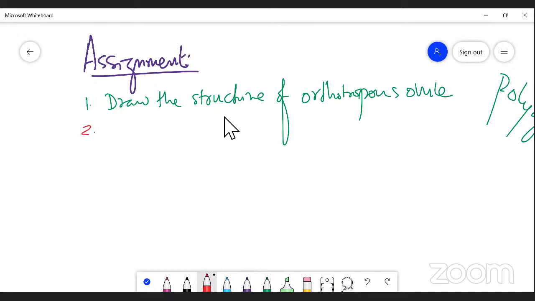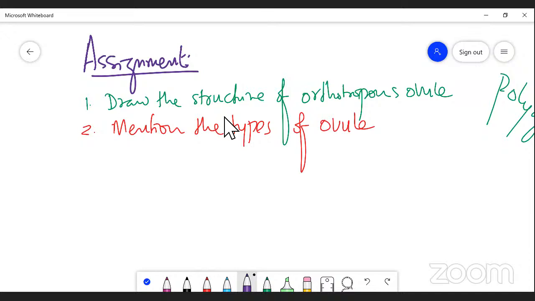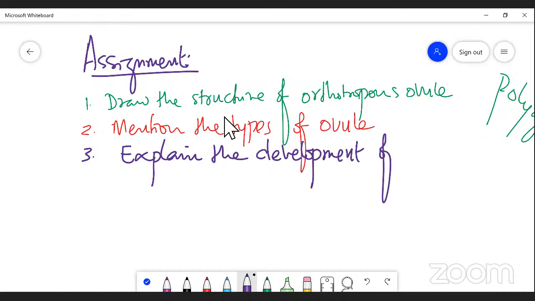Second, classify or mention the types of ovule in plants. And third one, explain the development of the embryo sac. Right, this is the assignment part.